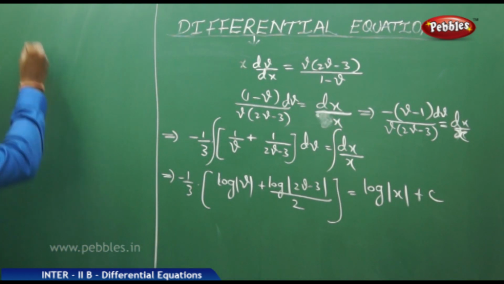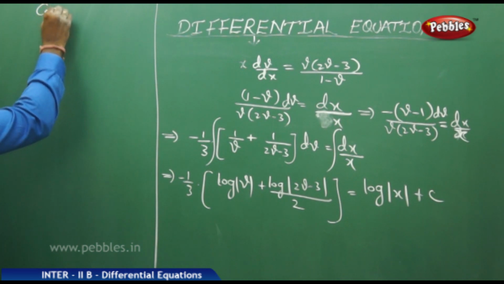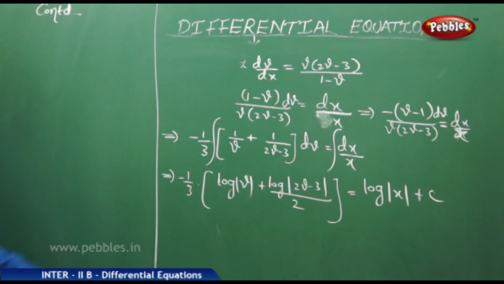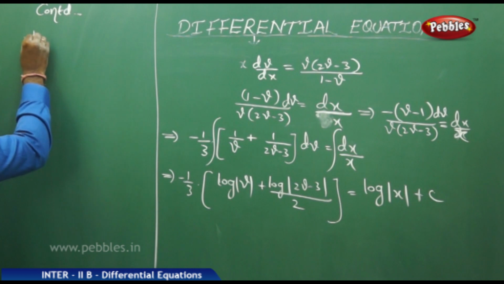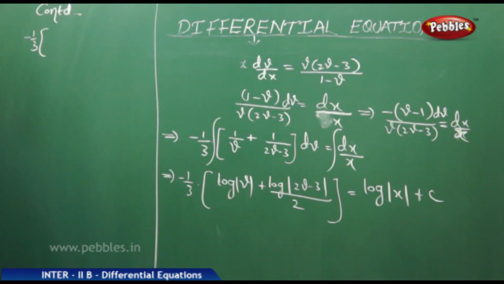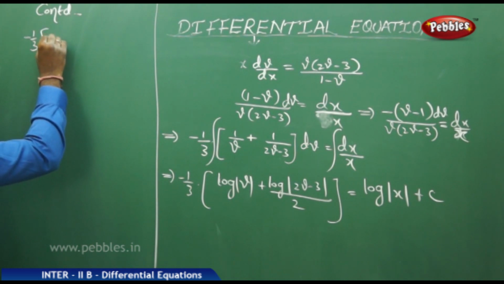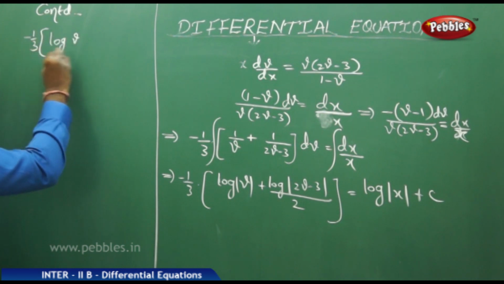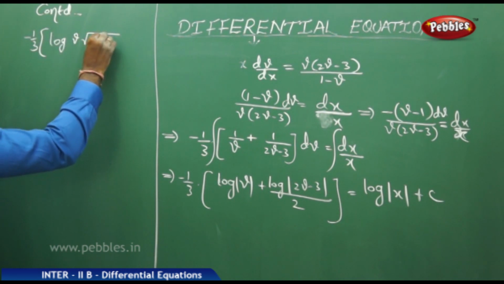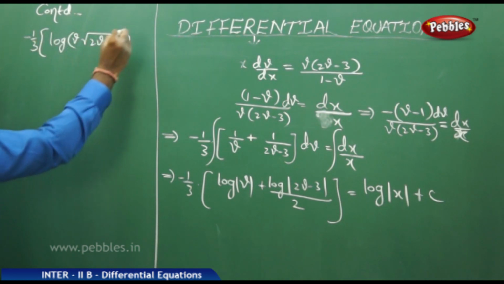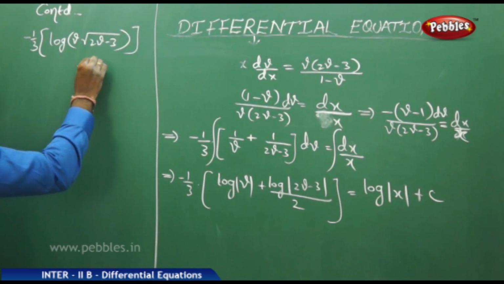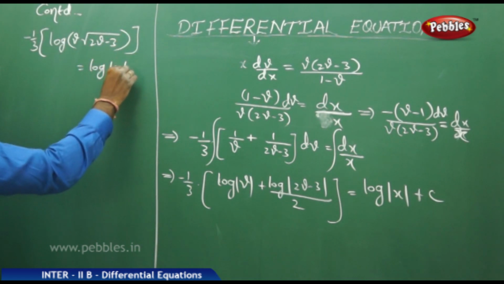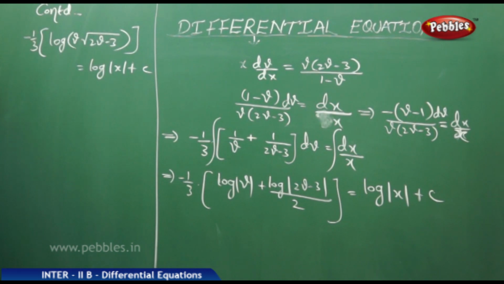Next, further simplifying this, we get this to be minus 1 by 3 of log v plus this can be used as log v root of 2v minus 3 is equal to log mod x plus c.